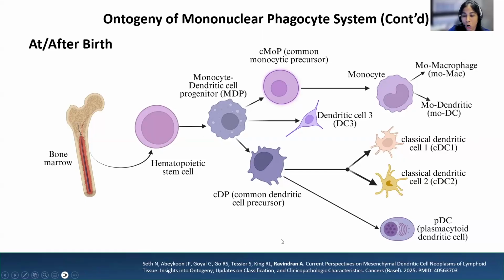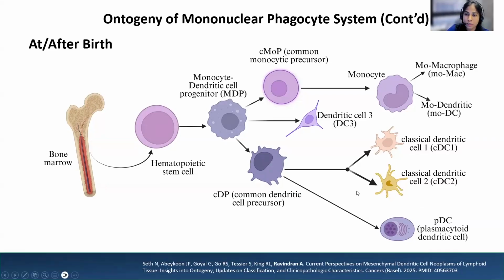On the other hand, there are common dendritic cell precursors, which give rise to the classical dendritic cells, cDC1 and cDC2. They're primarily the antigen-presenting cells in the immune system, whereas the plasmacytoid dendritic cells are more robust in their antiviral immune defenses, and they're less potent in their antigen-presenting capabilities.